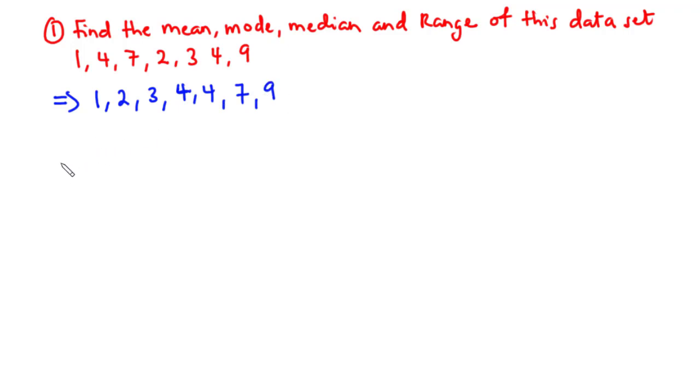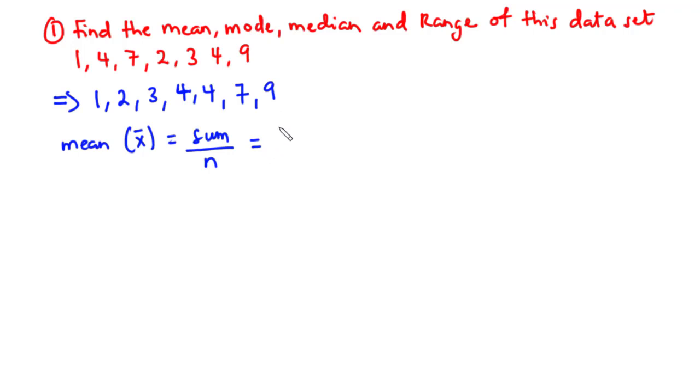Now let's move on to find the mean for this data set. The mean is represented by x bar and is equal to the sum of all the values in the data set divided by the number of values in the data set. So basically, we are going to add all these values and divide by the number of values in the data set.